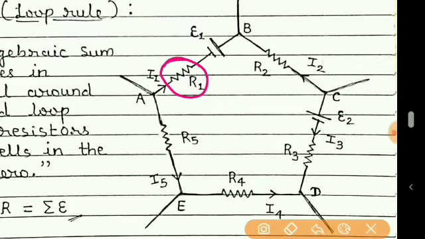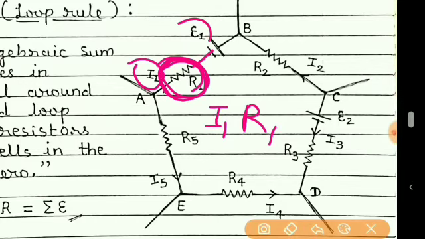at this resistor, as the current I1 flows, the potential drops. How much potential? We know that V is equal to IR. So here I1 R1 potential will drop. Now when we move further, a cell is there. Which terminal is there of this cell?